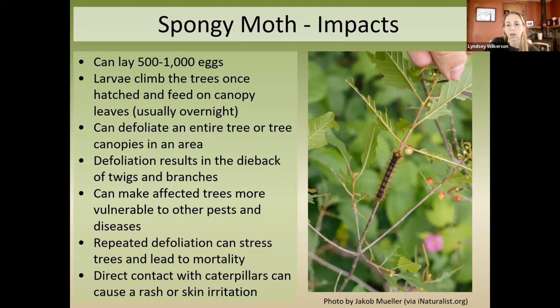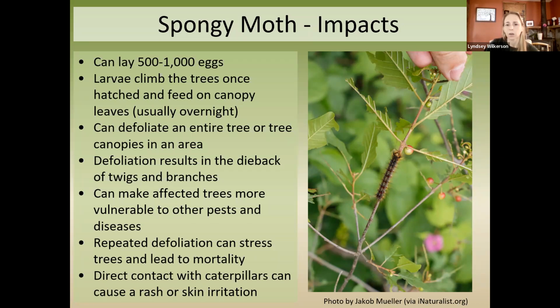The main impact of the spongy moth is in their caterpillar stage, because each caterpillar can actually eat through a square meter of canopy, and they can take out an entire tree within a matter of days. Now, defoliating a tree might not necessarily be an issue, but it can cause a dieback of twigs and branches, and it can make trees a little bit more vulnerable to other pests and diseases.